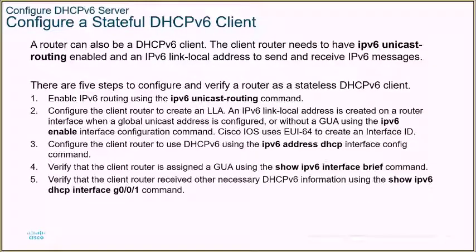Okay, so of course a router can also be a client. Again, you need to have IPv6 unicast routing. We had autoconfig before, but now we do IPv6 address DHCP. Of course, if you want the link local address to come up beforehand, which is normally a good idea, IPv6 enable does that. So it's slightly different to having it autoconfig.